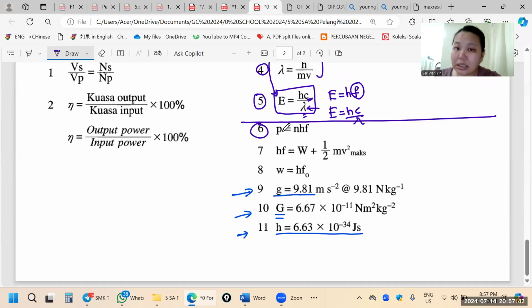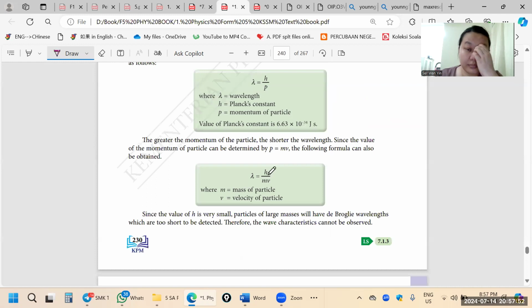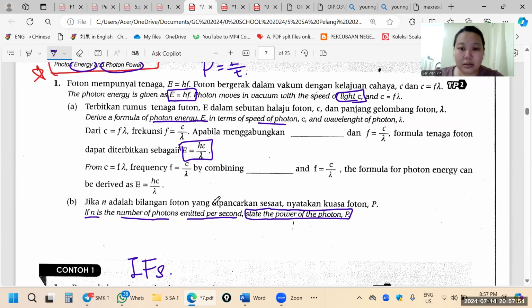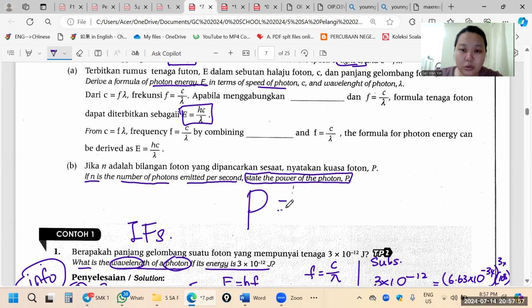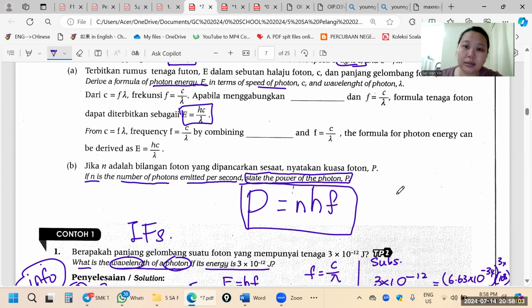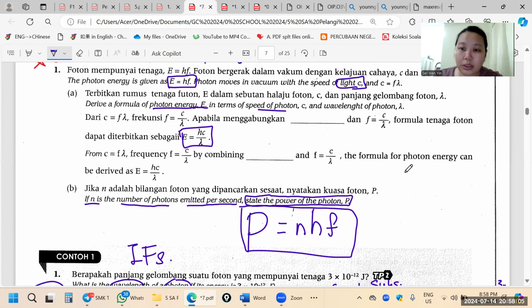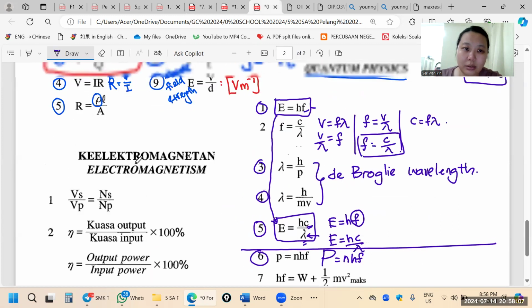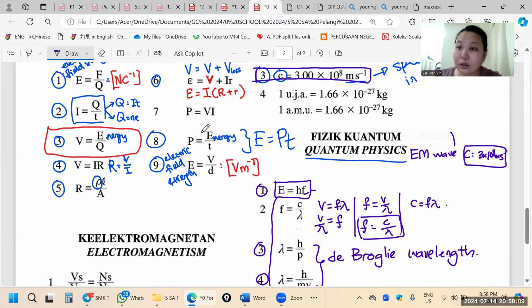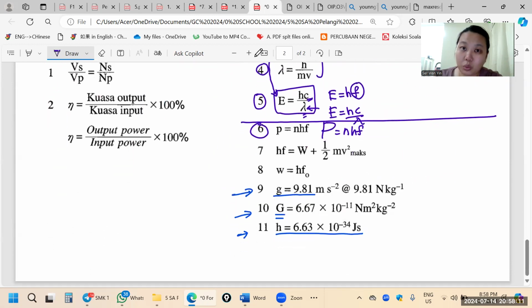Actually, number 6 is P. I don't know why they put small p, they should put capital P, power, equals nhf. So use P equals to nhf. We learn power equals to energy over time since Form 2.